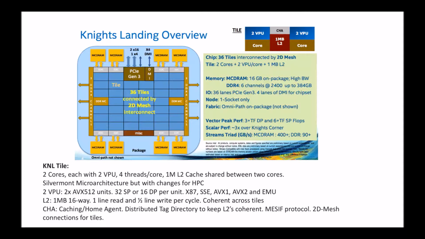And as I mentioned, the L2 cache is shared between two cores on the tile. The vector processing units are 512-bit, so that translates to 32 single precision or 16 double precision numbers per unit. And they're compatible with a number of vector instruction sets, including back compatible with AVX1, 2, and SSE.